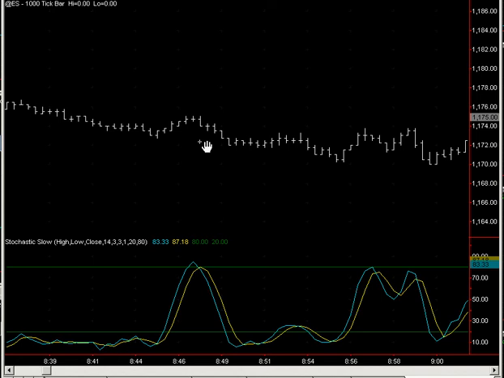For example, supposing we updated the calculation every 100 ticks. Every 100 ticks on a 1,000 tick bar, we redo the stochastic calculation. If we did that, we'd be able to determine more precisely when this is really turning. Now, is it possible to do that? Absolutely.